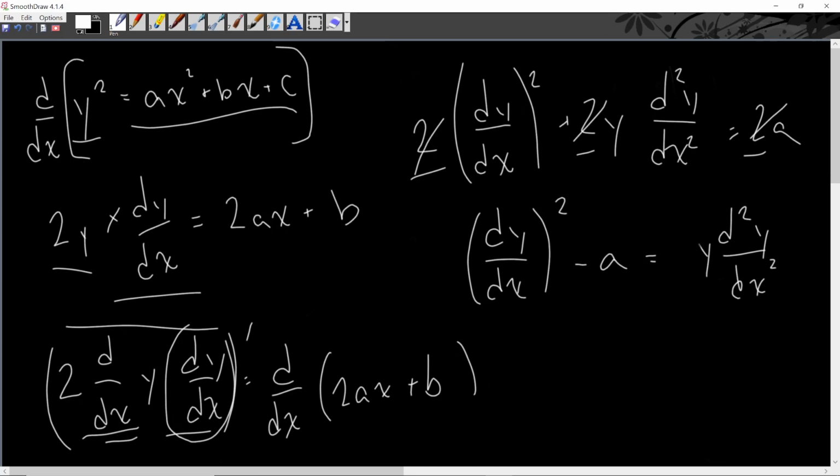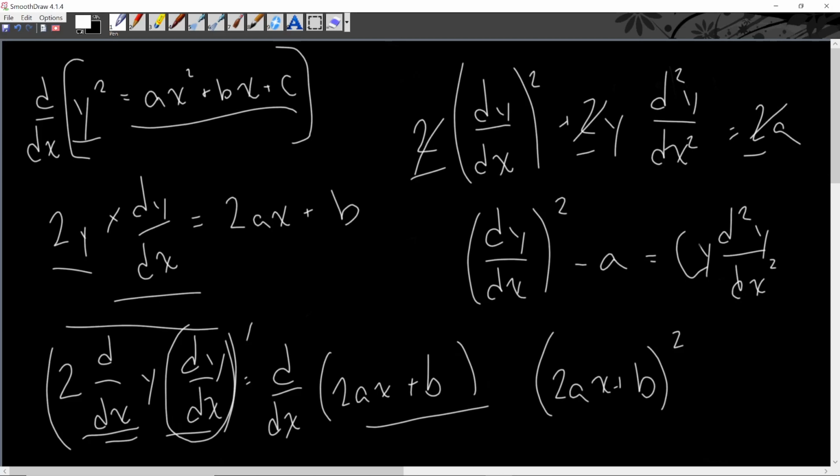Well, it kind of looks like recursion. So we're going to plug back our dy dx, which again we said was going to be equal to 2ax plus b. So if this is our dy dx, when we have that y still out there, this is going to be 2ax plus b squared.